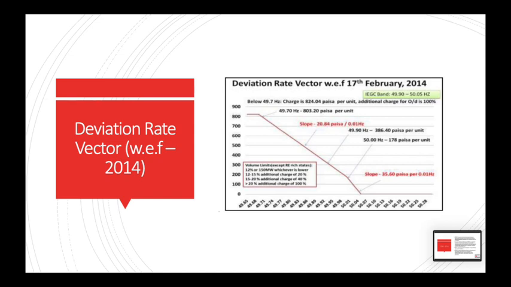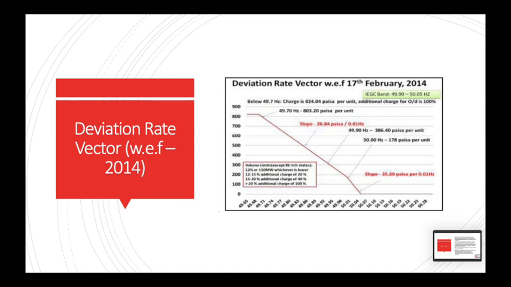Suppose the average frequency of the grid in a block is 50.08 Hz. Now at 50.08 Hz the DSM penalty is 0. Neither will I get anything nor do I have to pay anything.